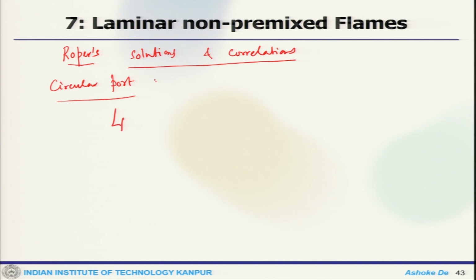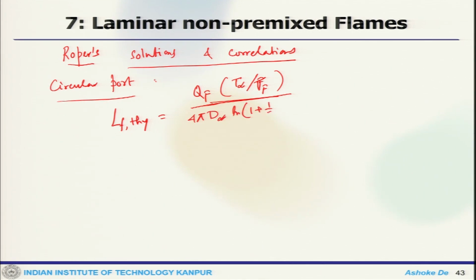Then the flame height is correlated with the volumetric flow rate QF, Tf, 4 pi, 1 plus 1 by S, T infinity by Tf, to the power 0.67.